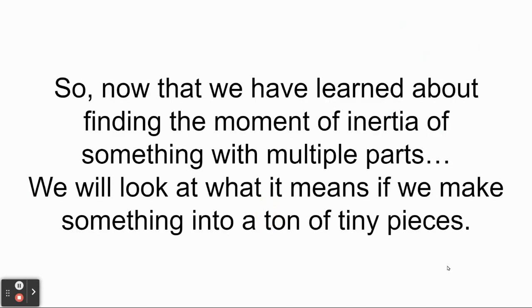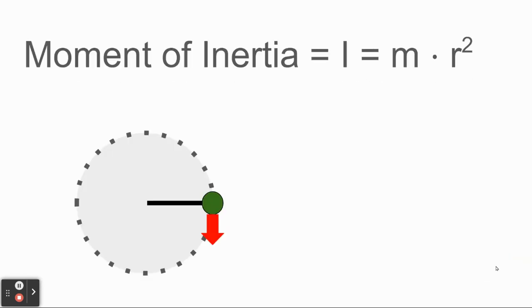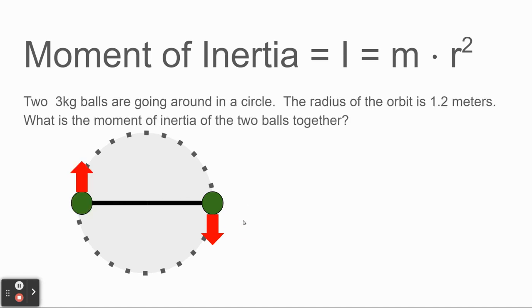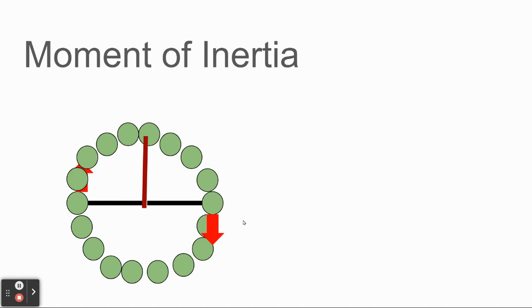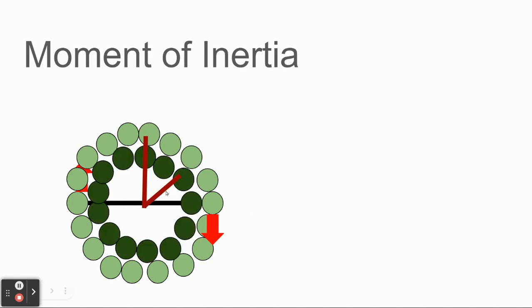All right, so now that we have learned about finding the moment of inertia of something with multiple parts, we need to look at what it means if we make something into a ton of tiny pieces. So this goes back to the idea of using calculus to find the moment of inertia of a complex shape. So we did this one, it was just mr squared, and we added 2 balls together, and then we did a whole bunch of balls, and then we had 2 different distances of balls.